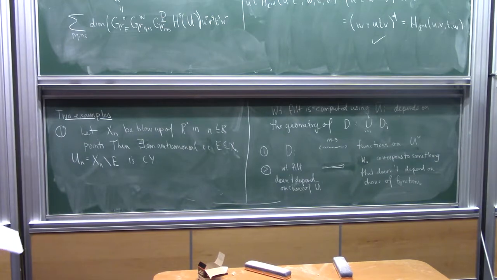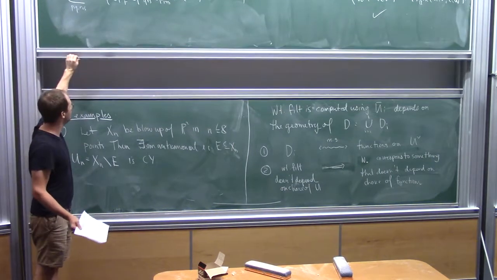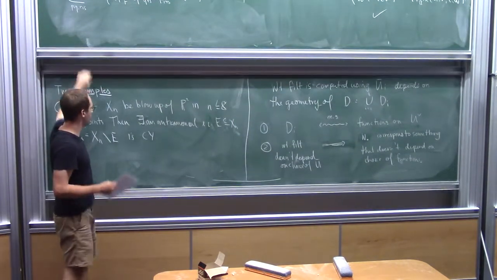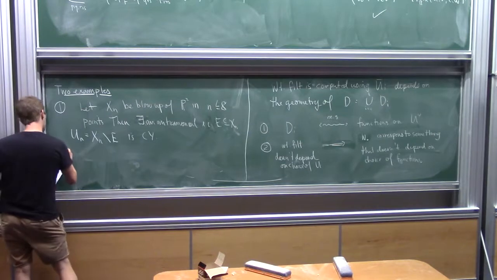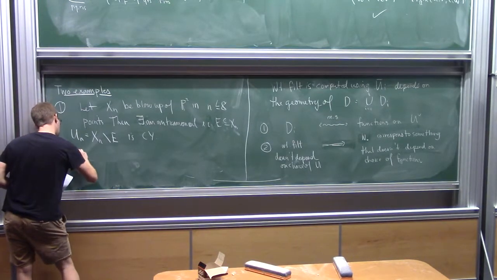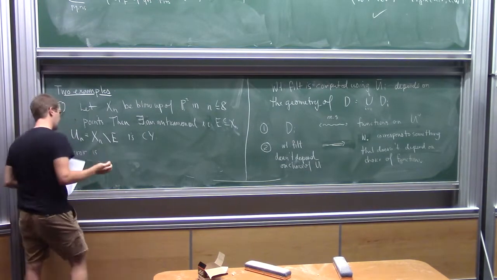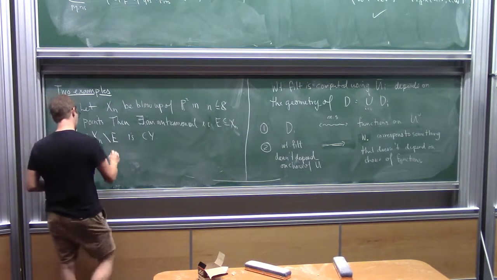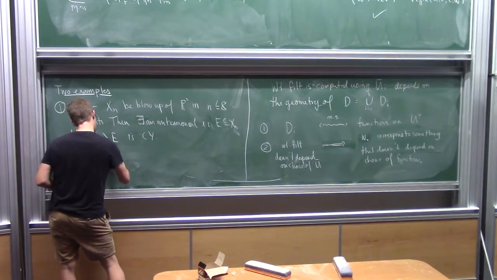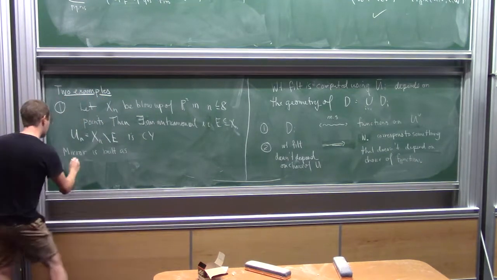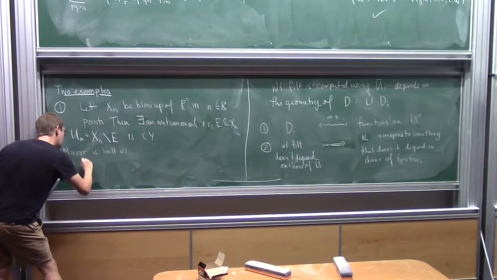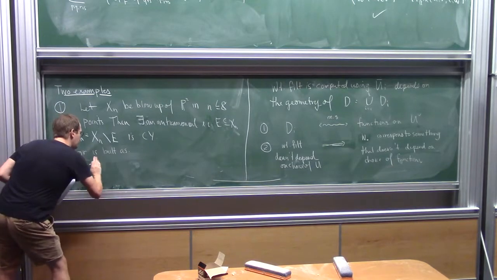So what is the mirror to such a thing? I'm not going to explain in detail why this is the mirror, but maybe this is sort of clear. So the mirror is built as, so what do we do? So let's take a map, call everything f.